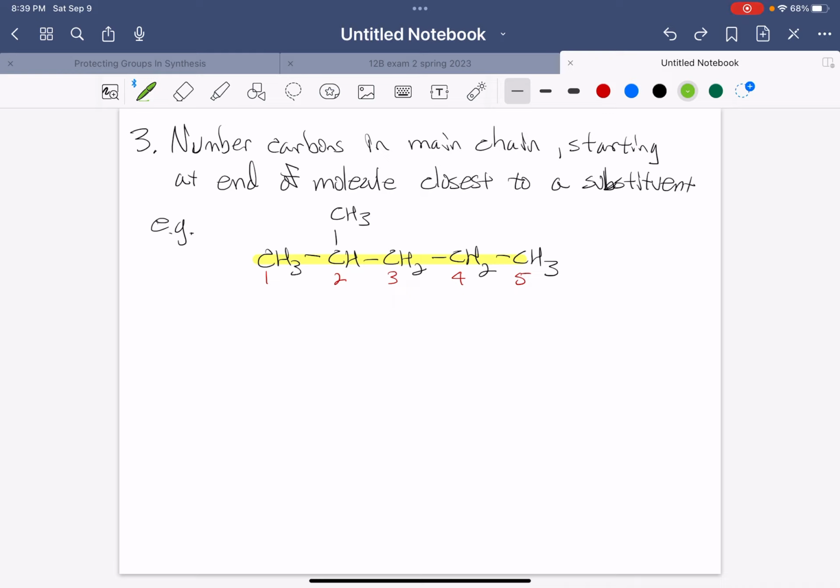So again, we're starting numbering at the end closest to our first substituent, our first branch point. And then we're going to assign a number to the substituent to see where it's located. Basically just figuring out which carbon has the substituent attached.